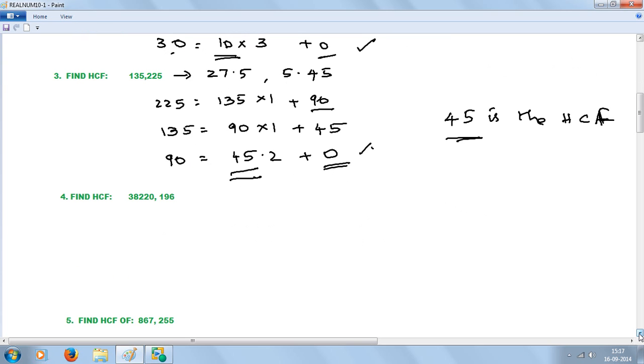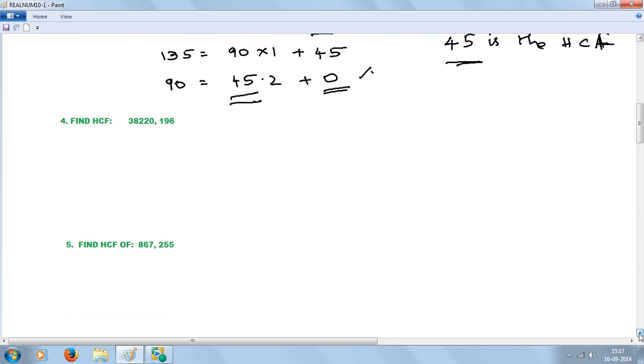So now we will try a slightly more difficult problem. What is the highest common factor between 38220 and 196? So what is the first step? You divide 38220 by 196.